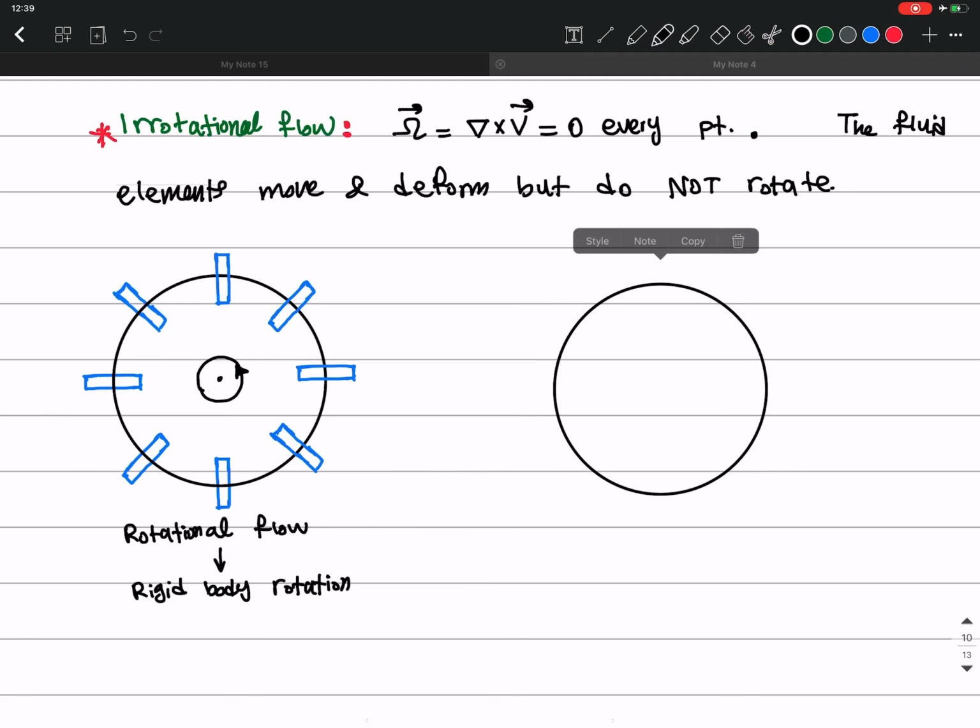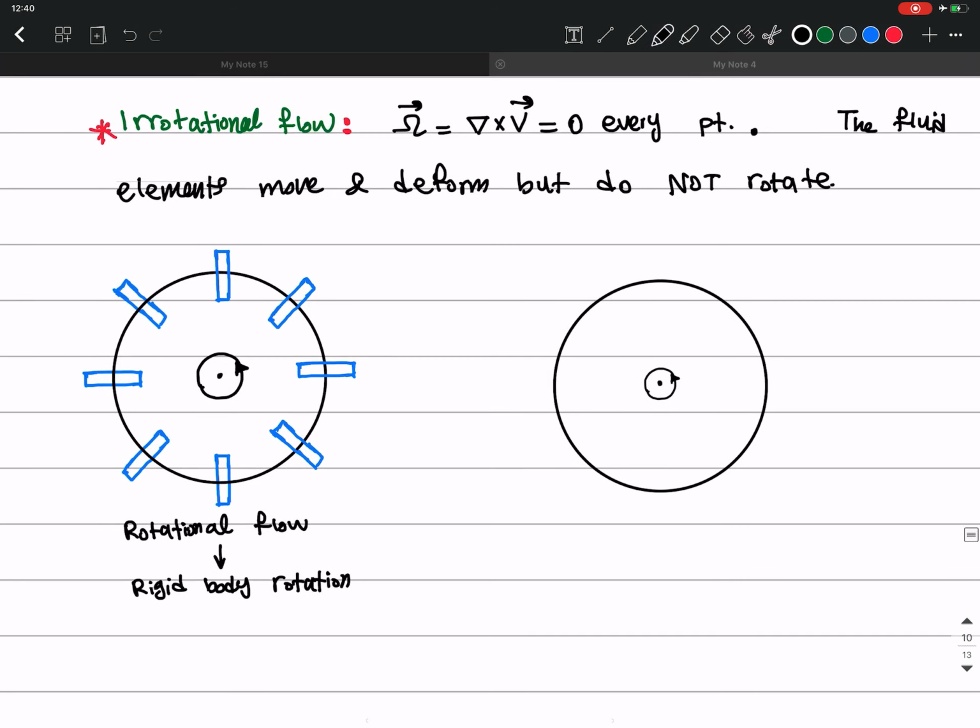How is it possible? Let's say we have this vorticity, for example in a bathtub. So we have this vorticity only in the core.